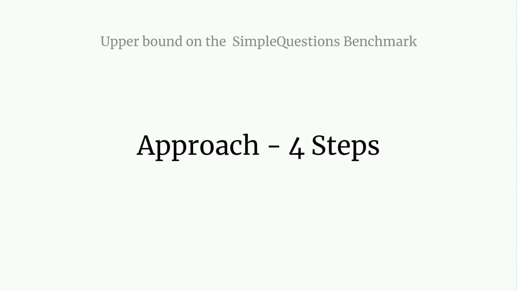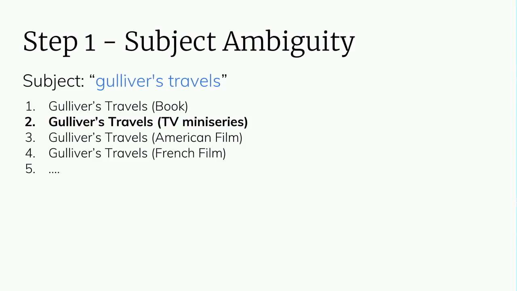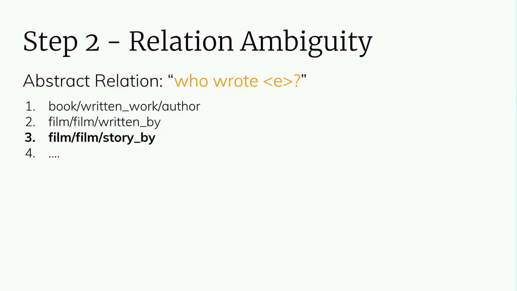Okay, so how do we quantify this and get to an upper bound? So, reminder, this is the dataset. This is the data that we're dealing with. So the first thing we do is we take a look at the alias, and come up with a list of all Gulliver's Travels in Freebase. Similarly, we take out Gulliver's Travels from the question, and we create an abstract relation. And in SimpleQuestions, "who wrote" co-occurs with book written by, film written by, film story by, and other relations.